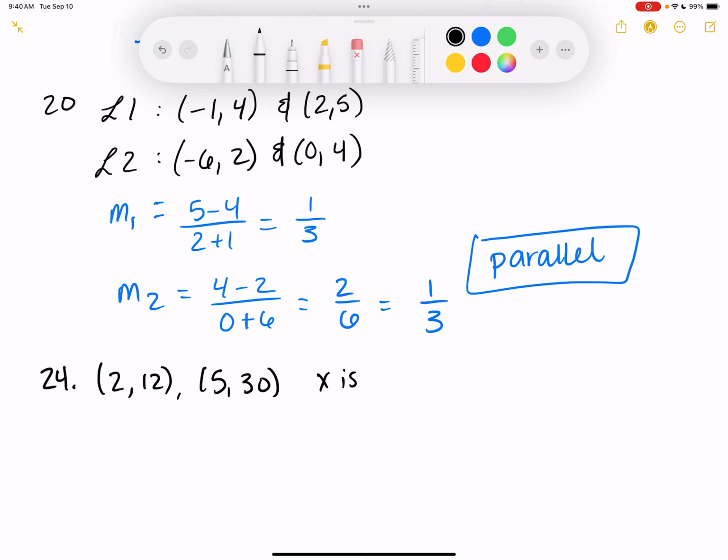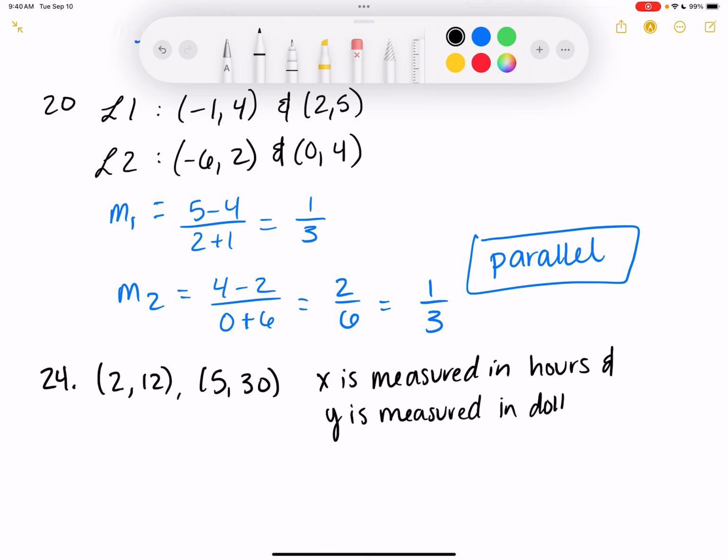X is measured in hours, and y is measured in dollars. I'm doing average rate of change, so what does that mean I need? Slope. Formula. So someone that hasn't done one yet, set this one up.